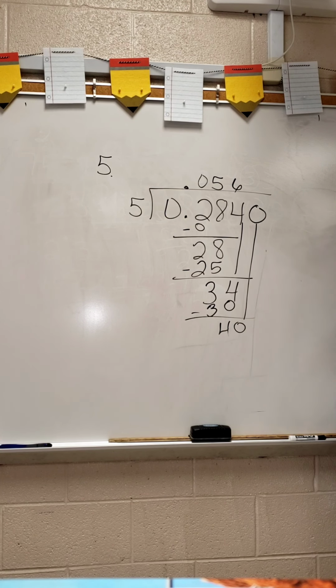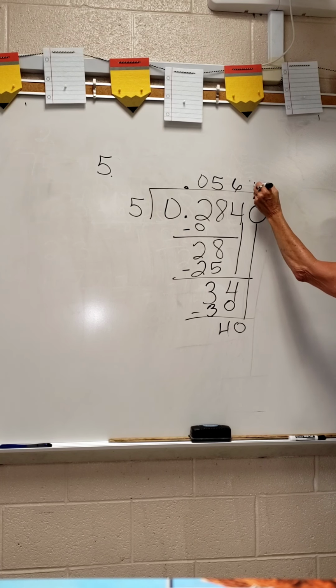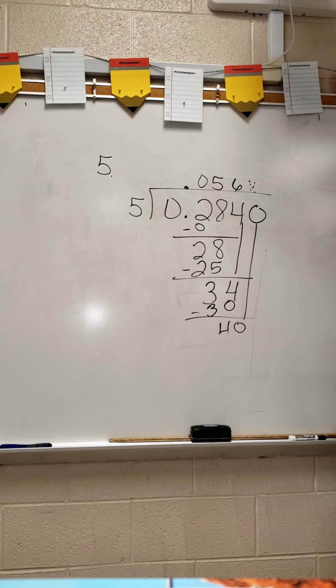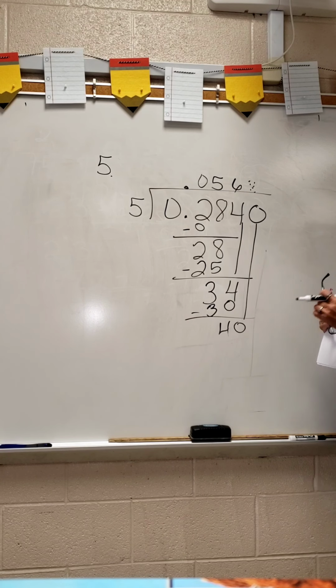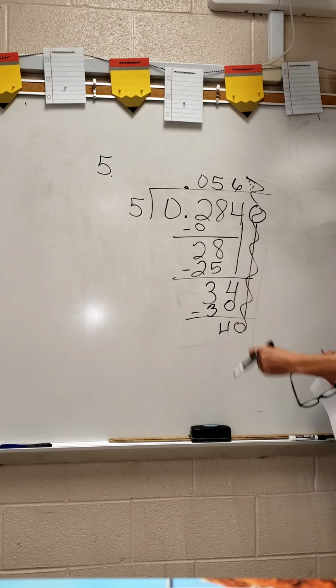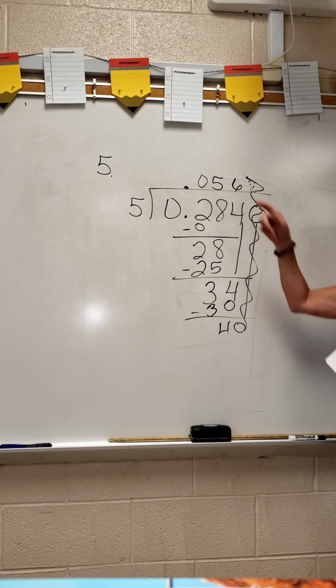And 5 goes into 40 8 times. But what do we notice? How many numbers do we have already? 3. We already have 3, so we don't even need the 8, so we're just going to take that off because the directions just tell us to go out 3 digits.